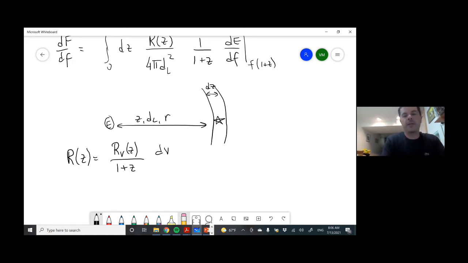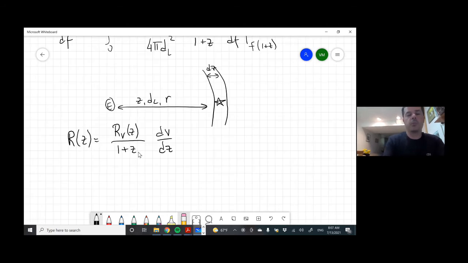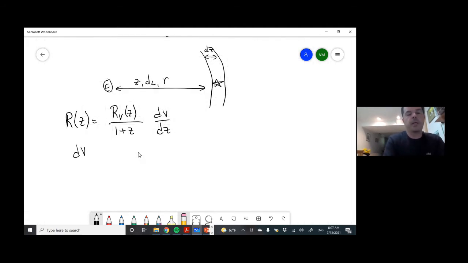And then we have dV/dz. This is basically accounting for the fact that R of z is the rate per unit redshift, whereas this R_V of z is the rate per unit comoving volume. And the comoving volume can be written in terms of the proper volume as 1 plus z cubed times dV proper, where dV proper is the volume in the usual coordinates, so you can write it as 4 pi r squared dr. That would be the volume of this shell that we are looking at.